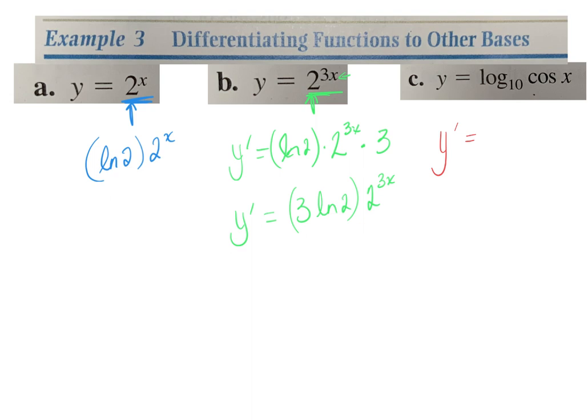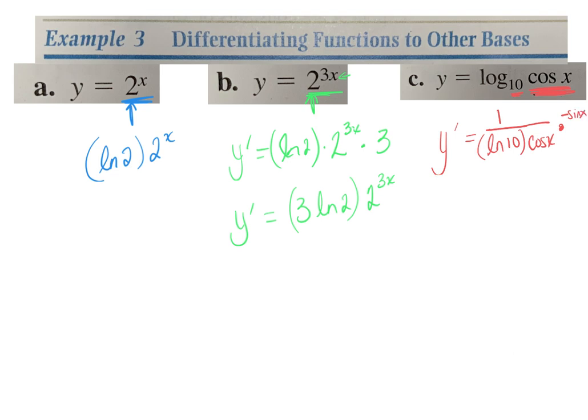So I have to do 1 over the natural log of my base. That's the first piece of it. In the denominator, we also have what I'm taking the log of. So natural log of 10 times the cosine of x. And then I have to multiply by the derivative of this cosine, so times the negative sine of x.